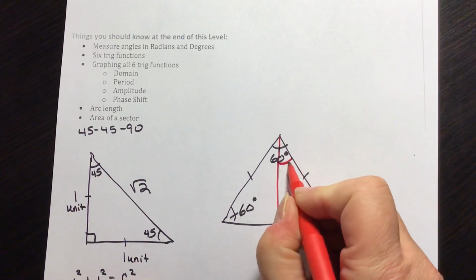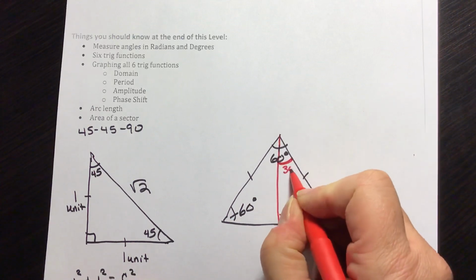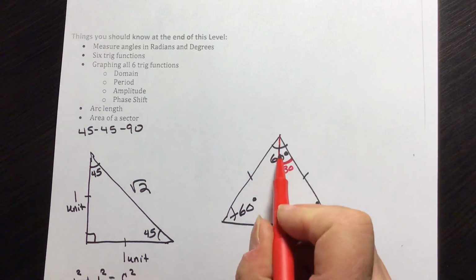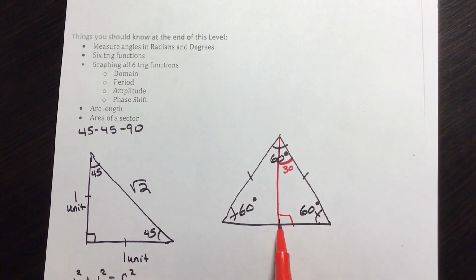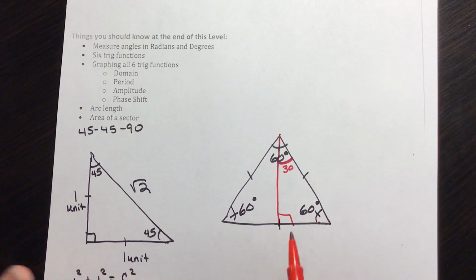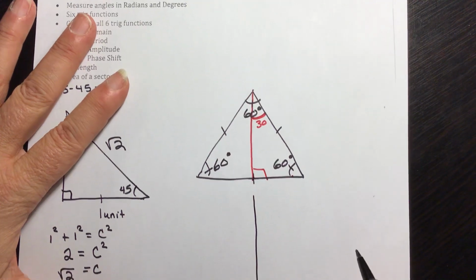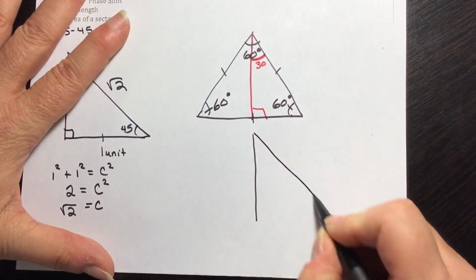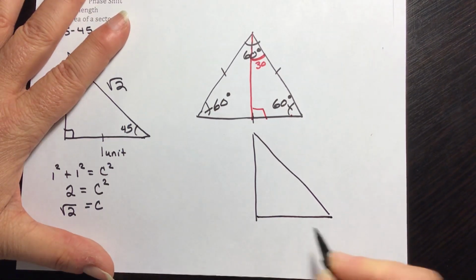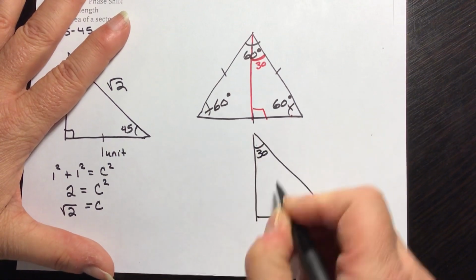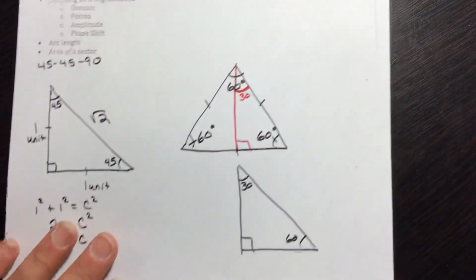I cut this angle in half, so this angle is now 30, this angle is 60, and this angle is my right angle, which is 90. So really what I have here is this triangle, where this is 60, this is 30, this is 90.